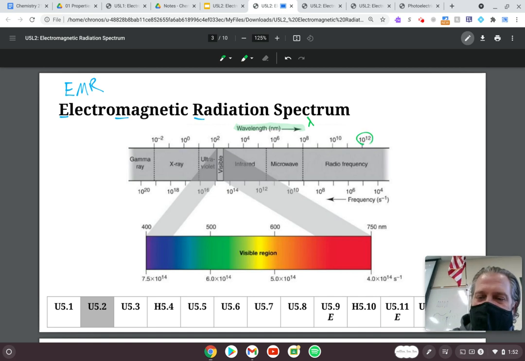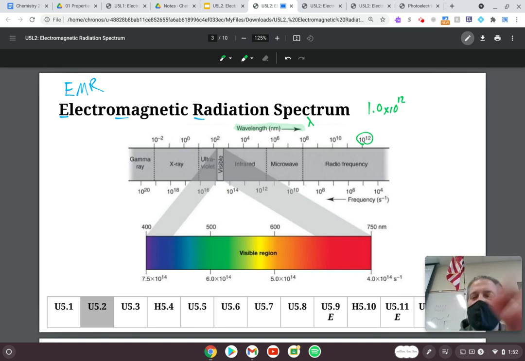You see that there is a 10 raised to the 12th power. What that really means is 1 times 10 to the 12th, so it's really 1 with 12 zeros after it, nanometers.